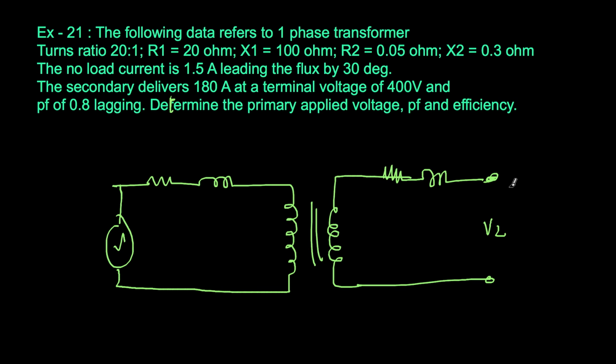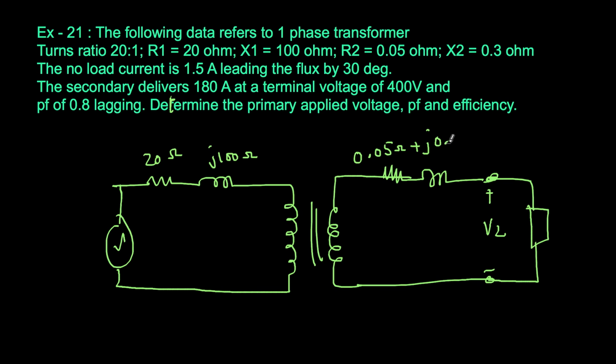This is V2. There is a load which is given, and the values are given. This is 20 ohms, this is j100 ohms. And this is 0.05 ohms, and this is j0.3 ohms. So the impedances are given. Ratio is 20 to 1.